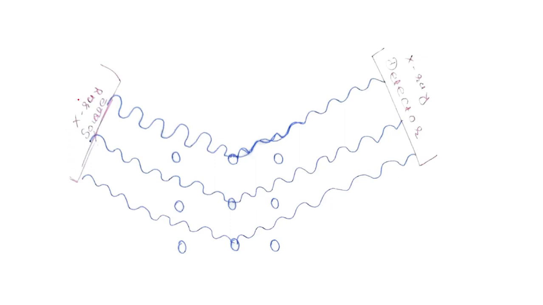There is one X-ray source from which X-rays are emitted, and the other is an X-ray detector. It is like when we go for an X-ray of our chest.